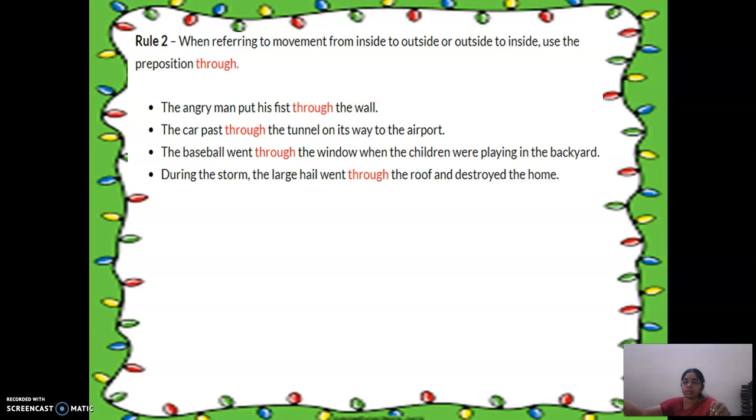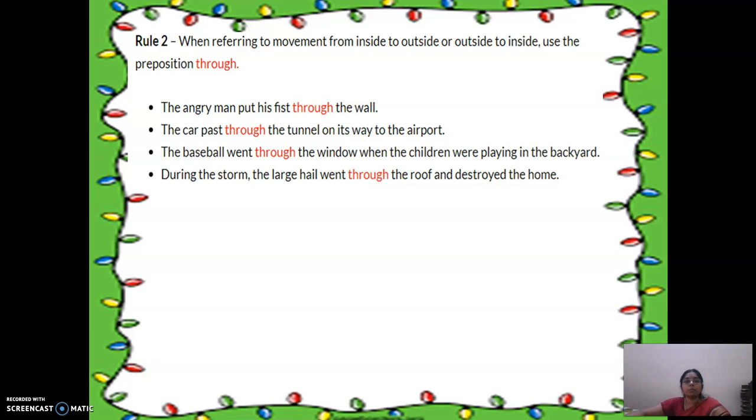That time we will use through, right? So when referring to movement from inside to outside, or outside to inside, we use the preposition through.